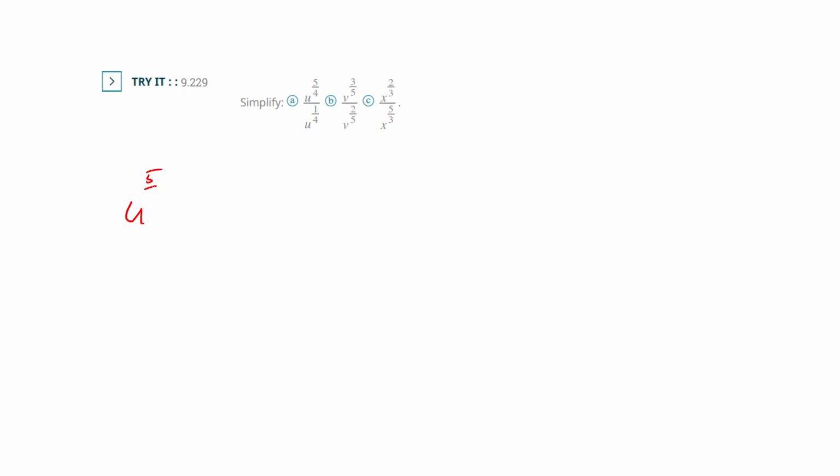So I am subtracting. I would get u to the 4/4. Well, that's just u. Now I can subtract these. I'd get v to the 1/5. So you have a common denominator, you can just subtract.